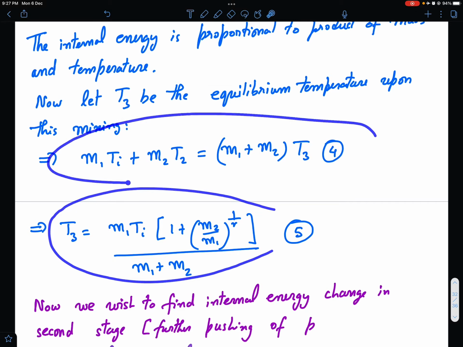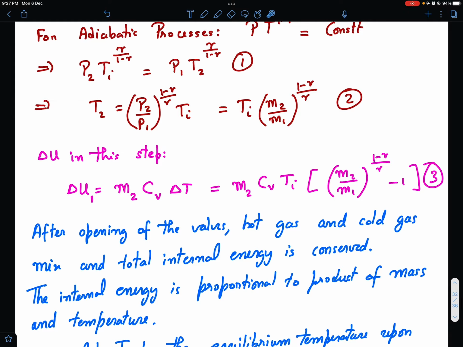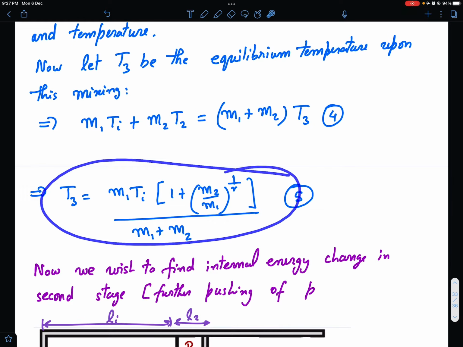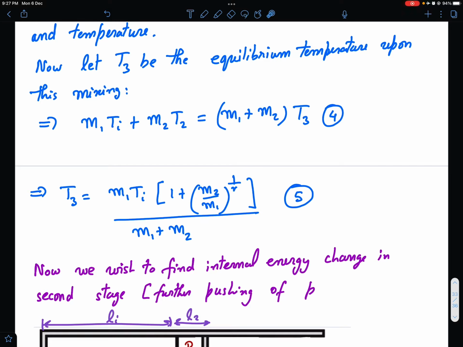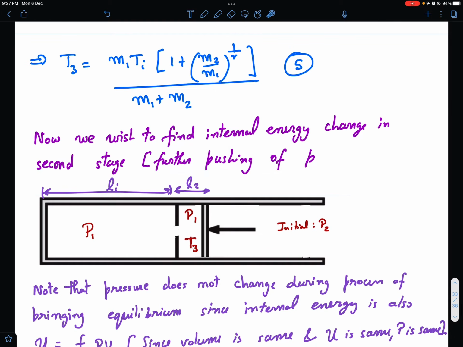If you rearrange this equation and substitute for T2, which I have already found here, from equation 2, you get T3 equal to this much. So this is the temperature after thermal equilibrium is established upon opening of the valve. Now we wish to find the internal energy change in the second stage, that is further pushing of the piston.